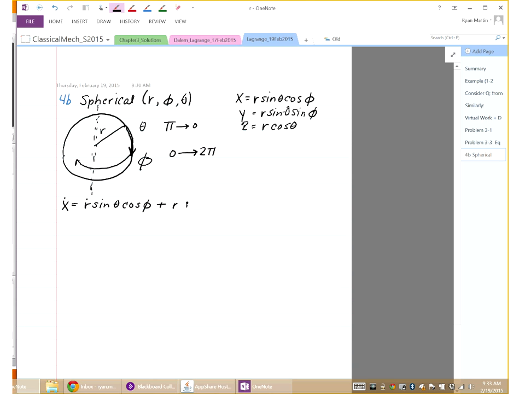So that part's easy. Then we keep r the same. And I'm actually going to do an aside here. This can be a little bit tricky. You know I'm going to take the derivative of this, and you know it's the product rule.